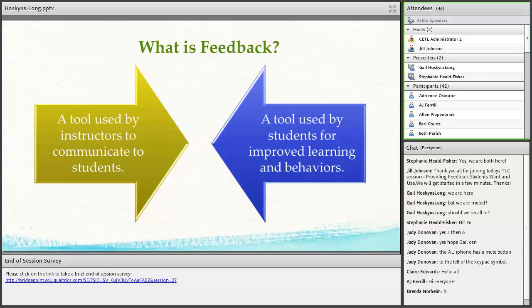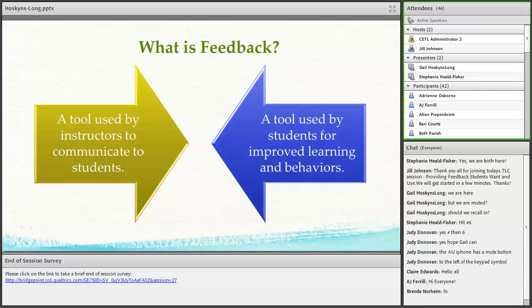So it's not always clear to us as instructors if and when students are actually using the feedback we worked so hard to give them. Current research indicates that students do not significantly incorporate feedback given to them by their instructors. And they also do not incorporate it in subsequent work because they're often not reviewing the feedback.